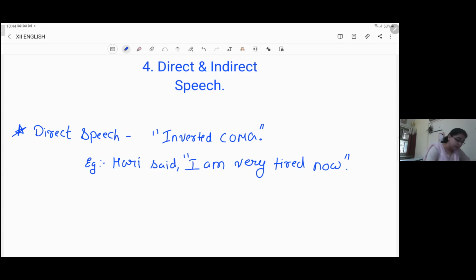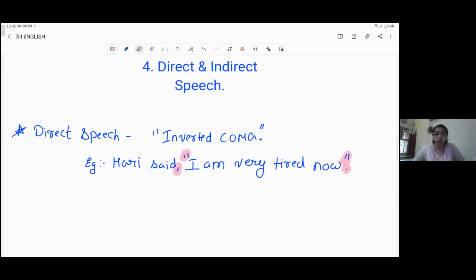Now, see this. The inverted commas here mean that the sentence is a direct sentence. Without inverted commas, it is an indirect sentence, indirect speech. Clear? Whenever you convert this sentence into indirect speech, the inverted commas will wash off.